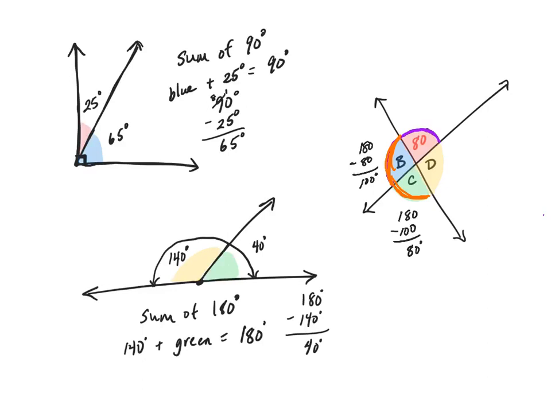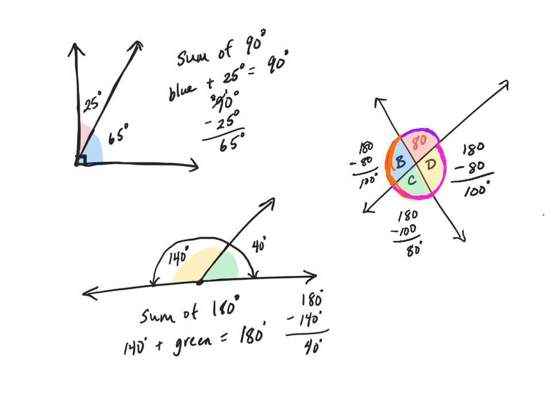And lastly, one more time, I can follow that same pattern. Angle C and angle D are supplementary. They form a 180 degree straight angle. So knowing that, I can take 180 degrees, get rid of angle C, which I know to be 80 degrees, and I'm left with angle D, which is 100 degrees.